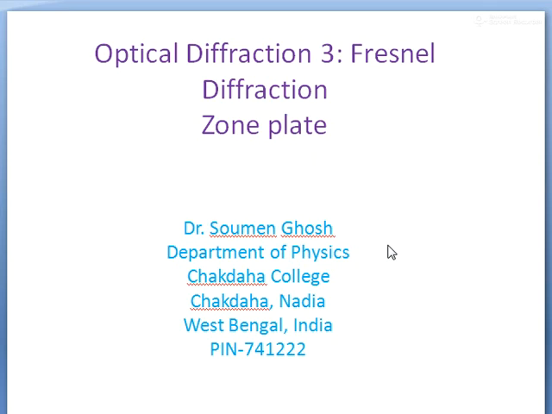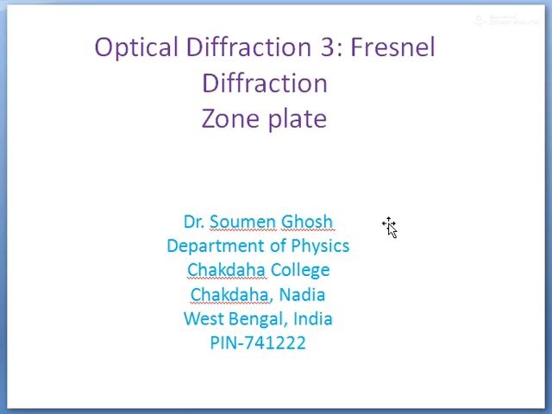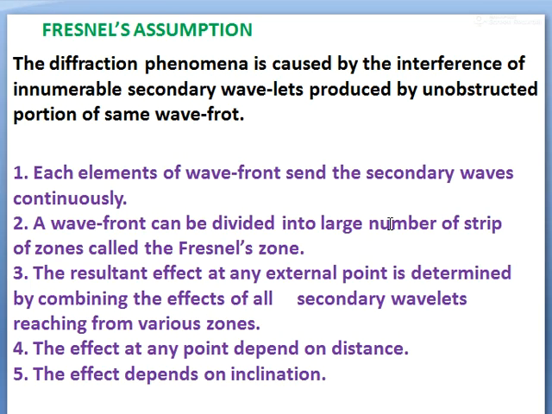Basically the construction of zone plate depends on all of Fresnel's assumptions. What are the assumptions? The diffraction phenomena is caused by interference of innumerable secondary wavelets that are produced due to the unobstructed portion of some wavefront.